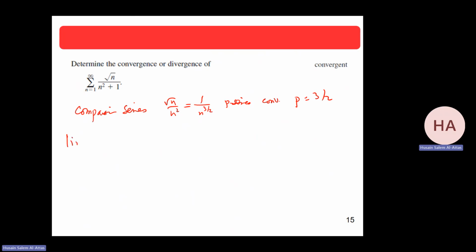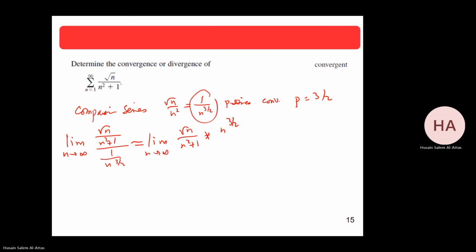Then I will do the limit. Limit as n goes to infinity, I have this sequence over 1 over n to the power 3 over 2. Either you make the division or just multiply by the reciprocal, which is the limit as n goes to infinity of square root of n over n squared plus 1 times n to the power 3 over 2.